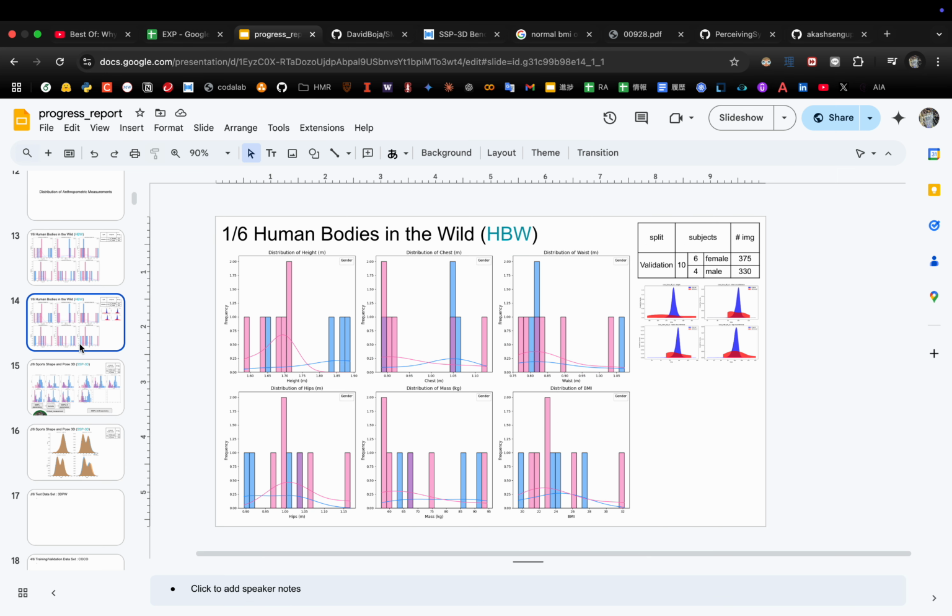But for the latest HBW dataset, a lot of the people in the images wear relatively loose clothes, so using silhouette may not be a good representation of the person in the image.